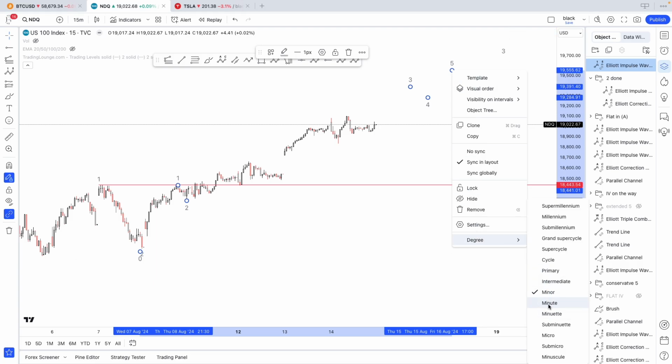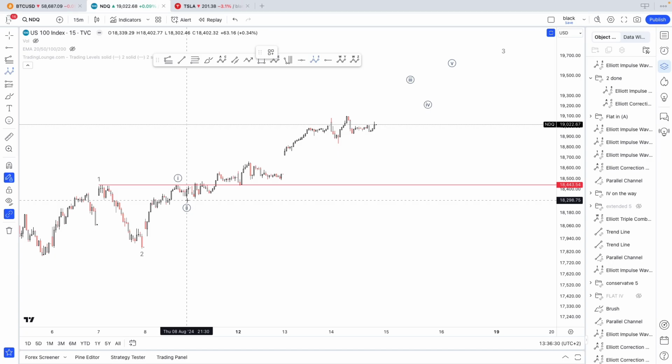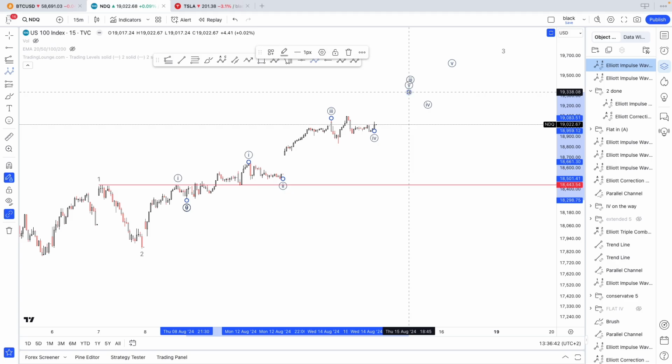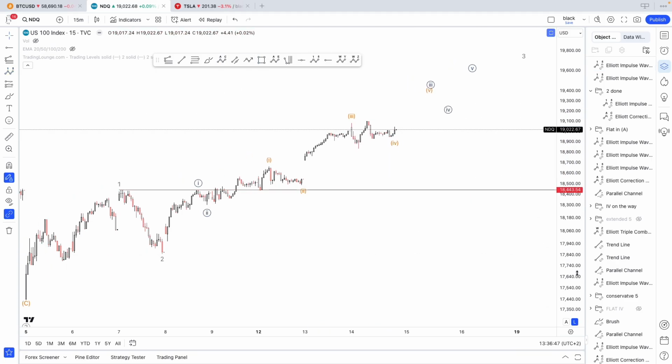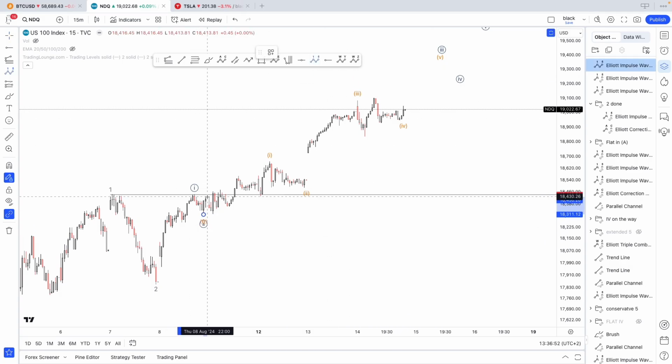So one way you could look at this is probably something like this. It's a tricky one. 1, 2, 1, 2, 3, 4, 5, 3, 4, 5. And there you could actually count this as a 5-wave move. Could you?